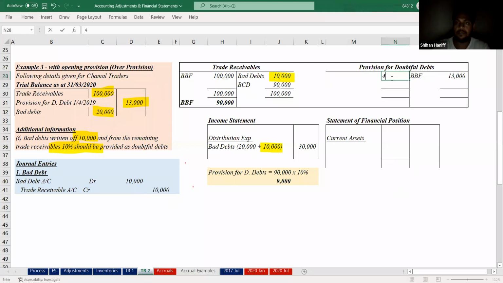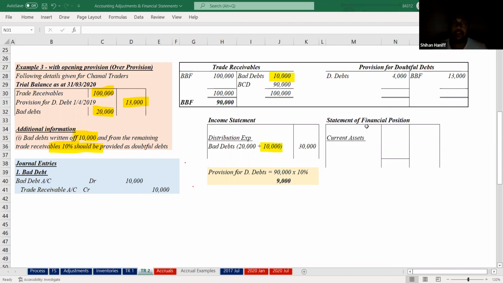How much? 4,000. Provision account debit. And income statement.